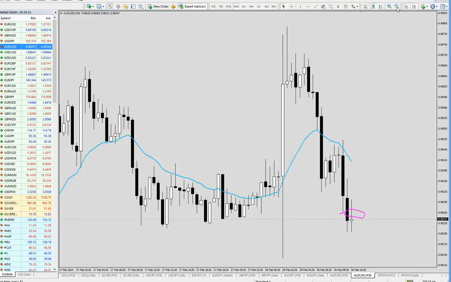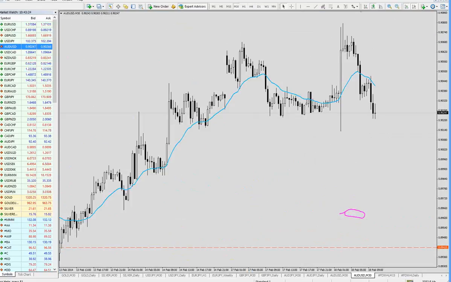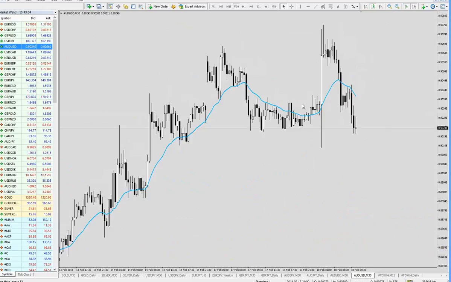But let's see what's going to happen. We cannot rule out higher prices from here, and even before selling, we would like to see higher prices from here.